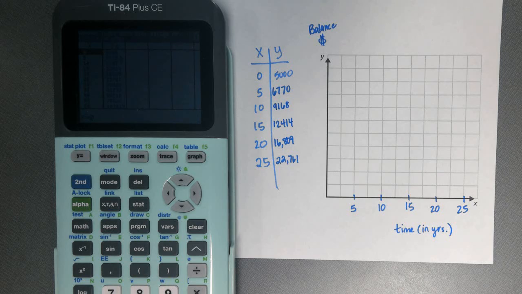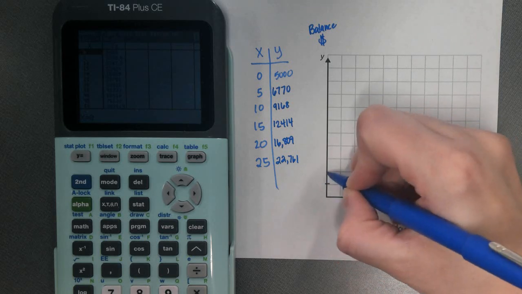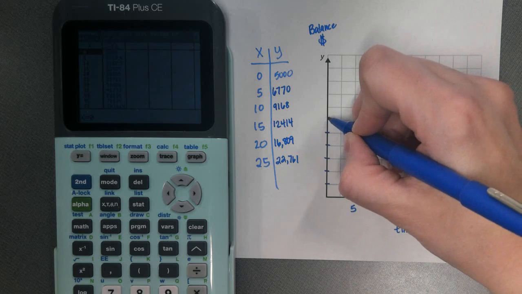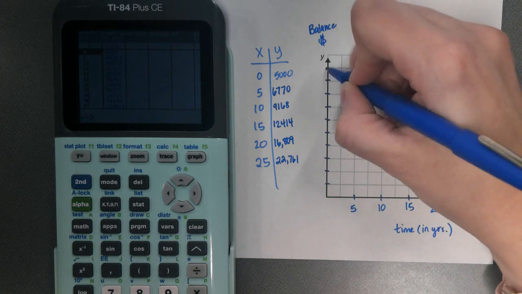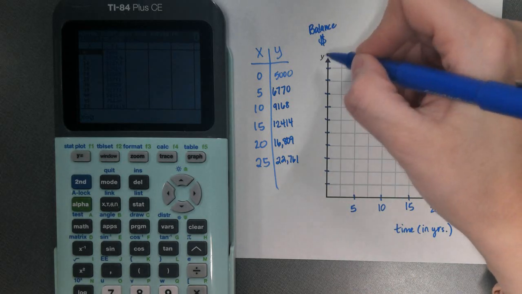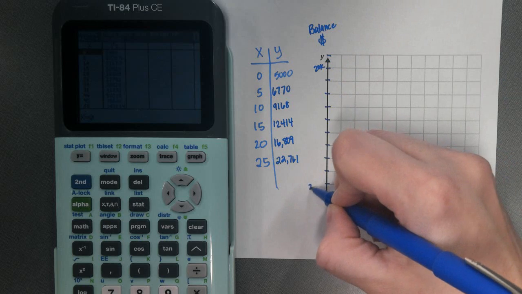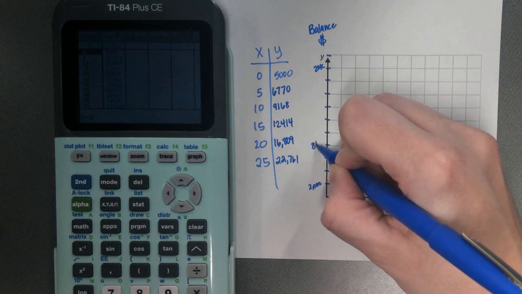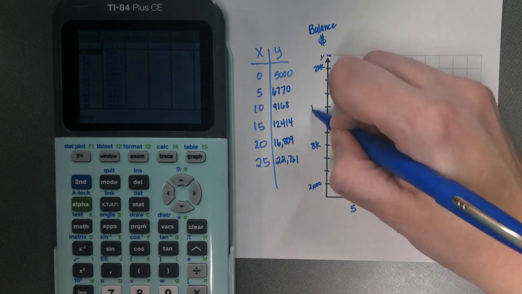So if I want to get up to 22,000, let's see if I went by 2s, if that would work. So 2, 4, 6, 8, 10, 12, 14, 16, 18, 20. Yeah, that would be right up there. So 20,000. 2,000, 4, 6, 8,000, 10, 12.